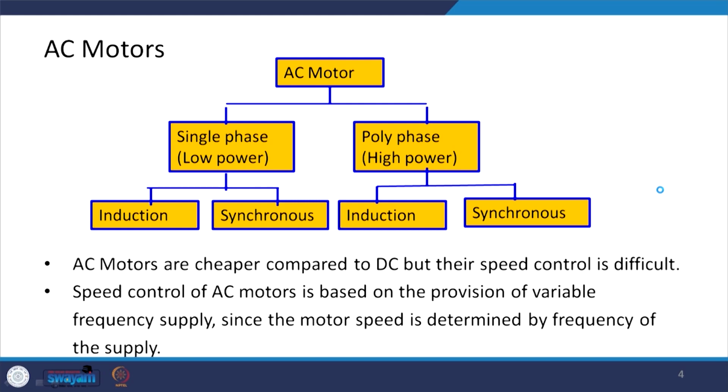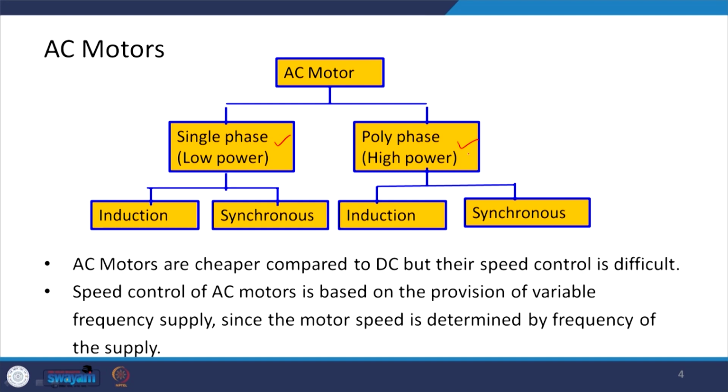The next motors I would like to take are the AC motors, and these are classified as single phase motors and polyphase motors. Single phase motors are used for low power, whereas polyphase motors are used for high power.